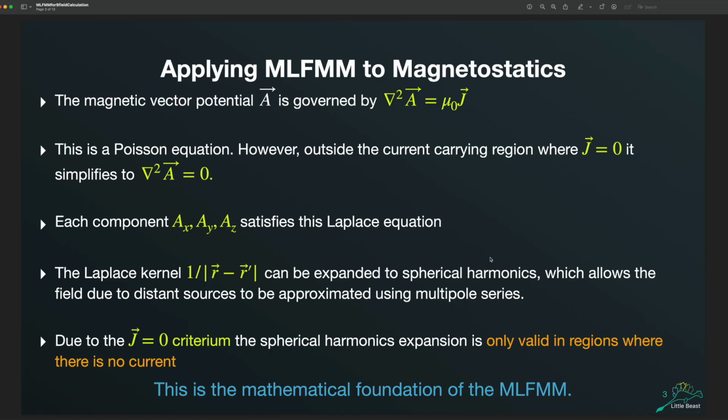They are all higher order spherical harmonics, and so if you add them together with different coefficients, you can basically represent any field that you're calculating. But again, it's important to say that this J equals 0 criterion is the only reason you can actually do the spherical harmonics expansion, and this Laplace equation is satisfied.